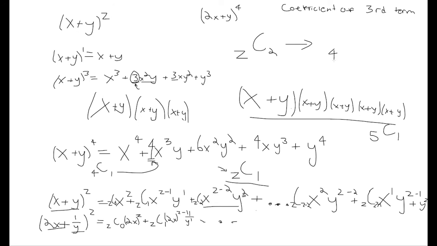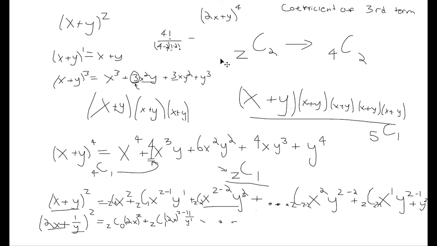We know that it's going to be z choose 2, or in other words, in this case, 4 choose 2, because it's to the power of 4. Then we would just calculate it out. So we would say 4 factorial divided by 4 minus 2 factorial times 2 factorial. And that would just get us 1, I think.